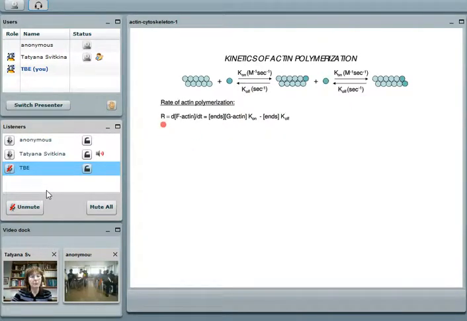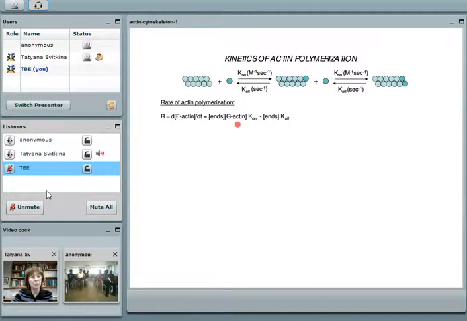So if we want to determine with what rate actin filaments grow, it would be the amount of polymer formed per unit of time, and this rate would be proportional to the number of ends which you put into the reaction. The more ends we have, the faster the polymer will accumulate. It also will be proportional to the concentration of monomers, G-actin.